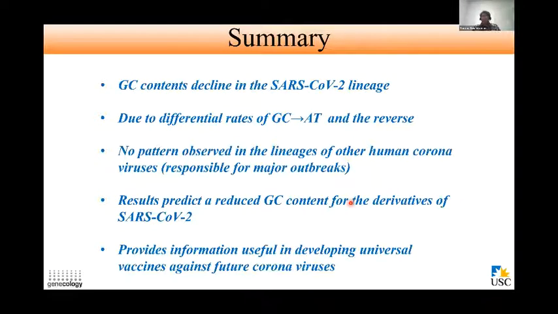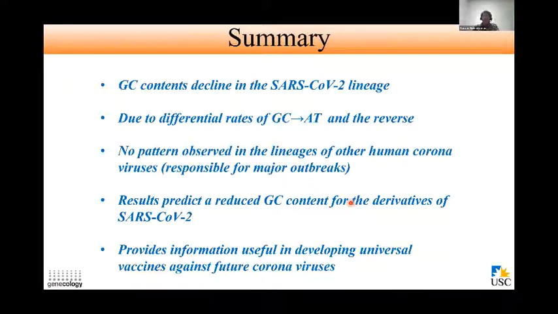Just a summary of the study: the GC content declines in the SARS-CoV-2 lineage, and this is because of the differential rates between GC to AT and the reverse mutations.